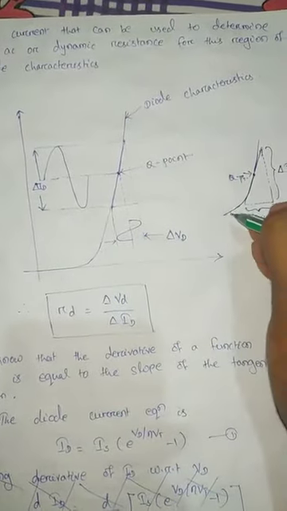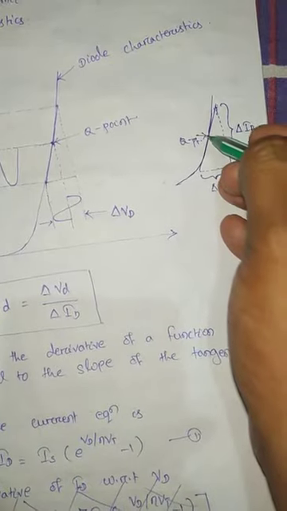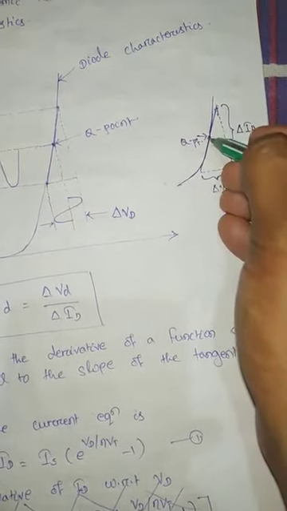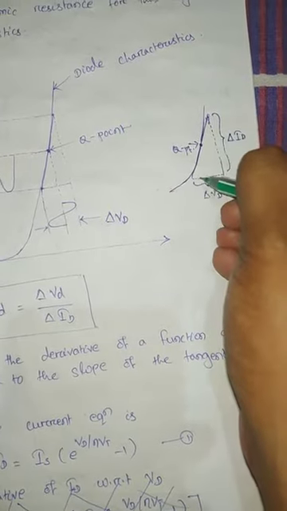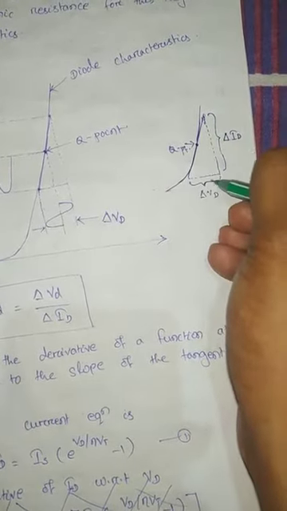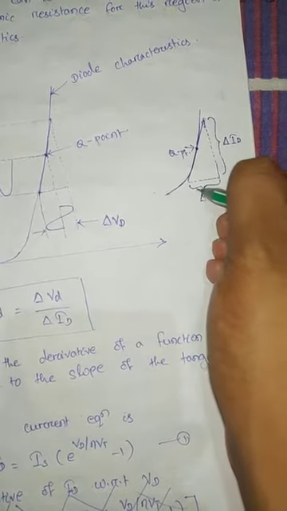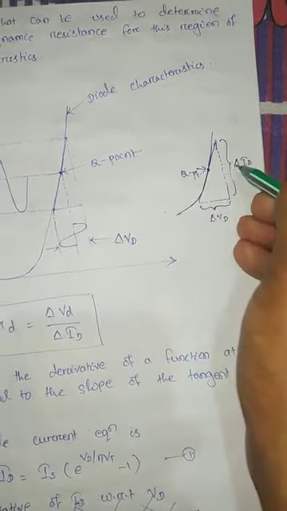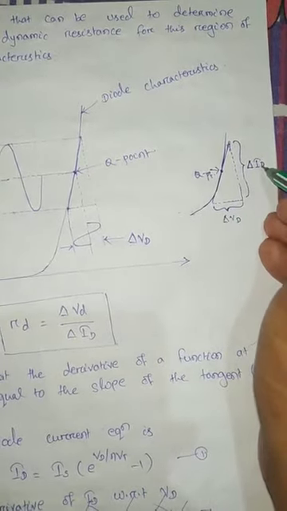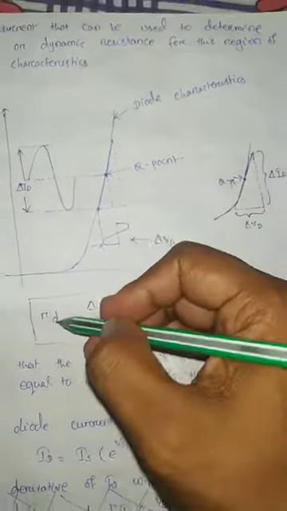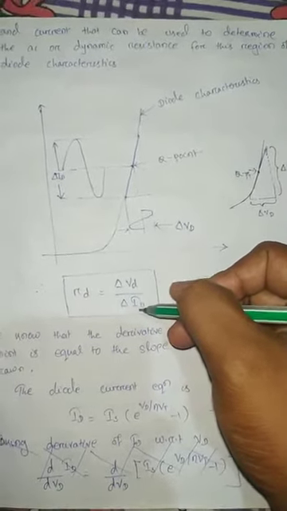As you see, this is the characteristics curve and this is the Q point. Draw a tangent to the curve through this Q point. Using this tangent, find the corresponding difference in voltage and in current levels, and using these, the dynamic resistance Rd can be found. Rd equals delta Vd divided by delta Id.